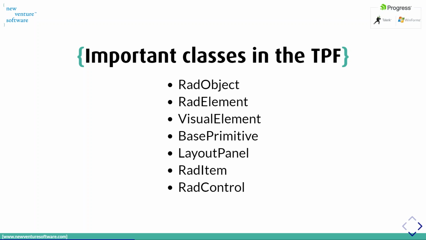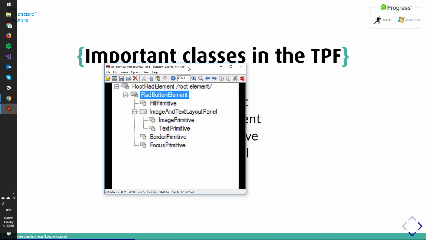So the nesting of the elements in this tree represents the visual nesting that's displayed in the control. So elements are painted starting from the root and going to the leaves of the tree. So if I just open up this picture here of the button, we see the button element, and we see here the leaves, the primitives.